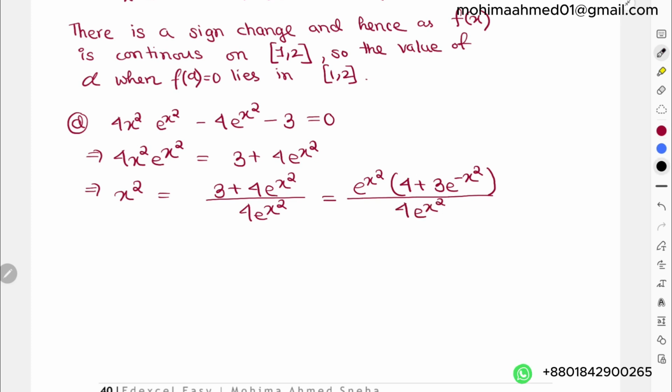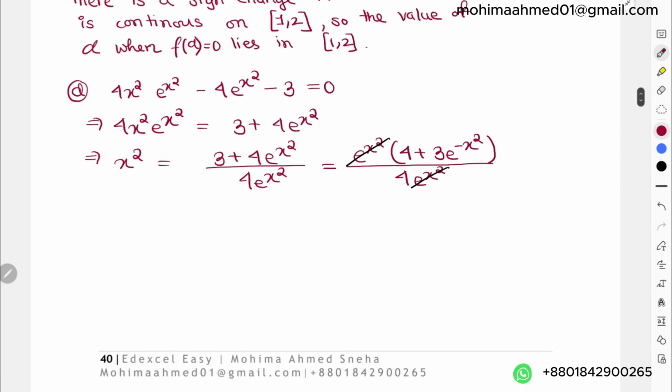The main reason for taking that e to the power x squared as a common factor is so that we could eliminate that, and now we can write this as 1 by 4 plus 3 exponential minus x squared, negative exponential minus x squared. Oh, this is all this time equal to x squared, right?